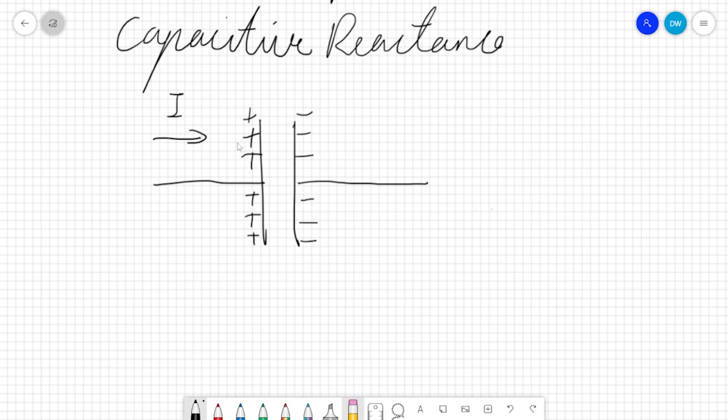So as the charge builds up, as this side becomes more and more saturated, things will slow down, which means the rate at which negative charges build up on the other side will decrease as well.